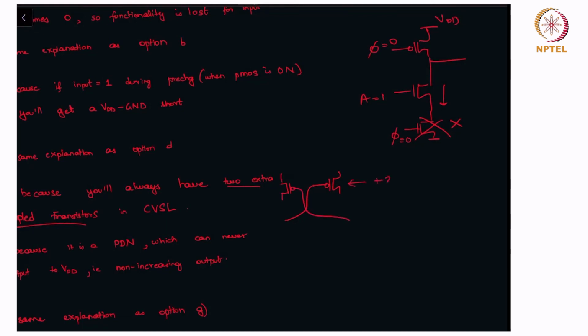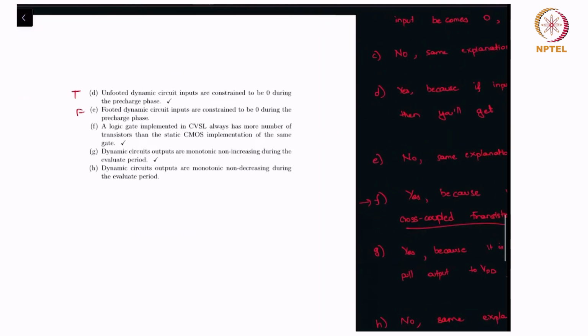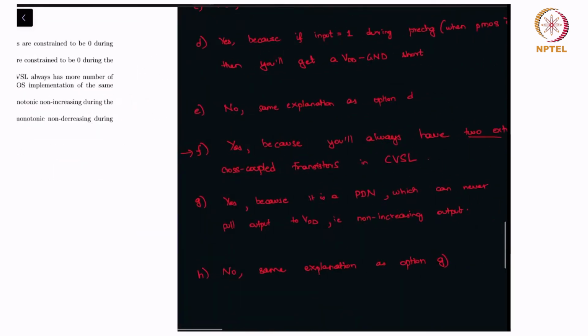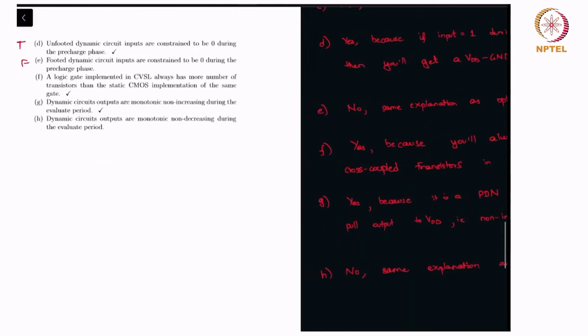These are extra, plus 2 transistors compared to CMOS. So therefore CVSL always has more transistors. So option F is also true.